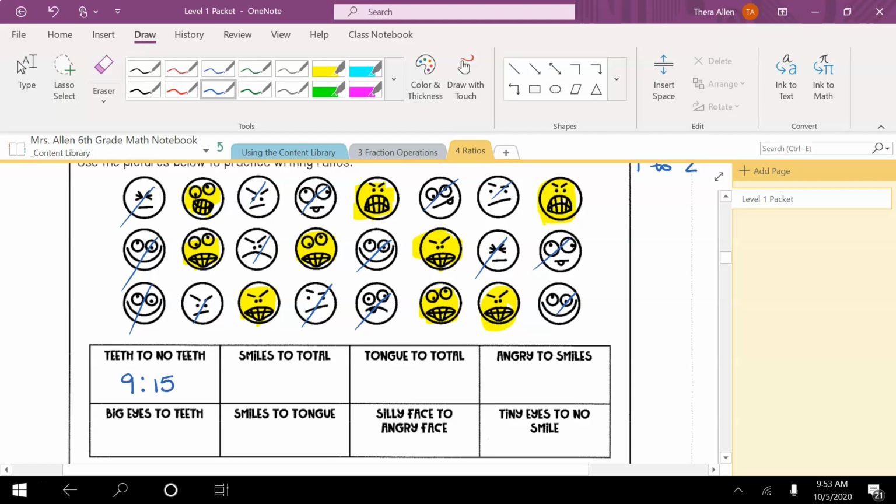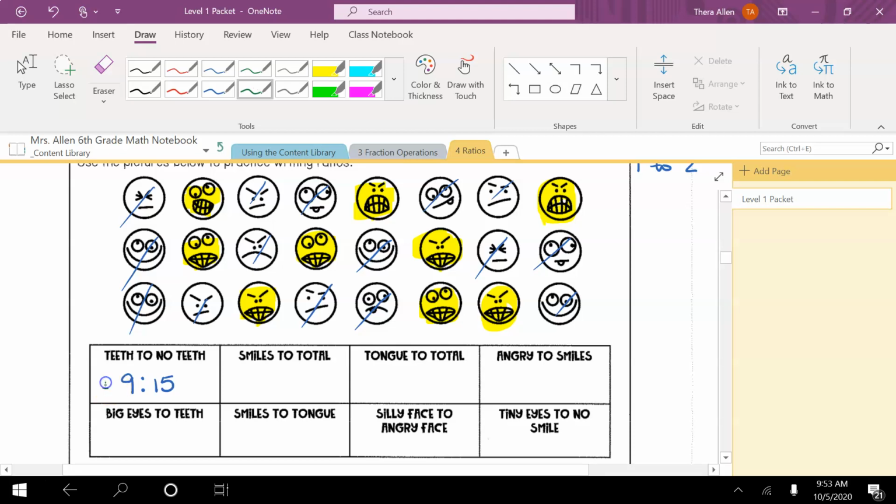Now, something that we worked on last grid was simplifying fractions, and we can actually do that with ratios as well. All I have to think of is what common factor 9 and 15 have. They have the common factor of 3.